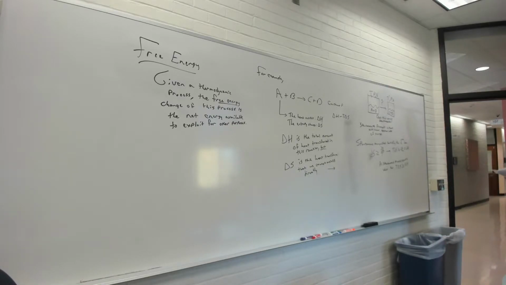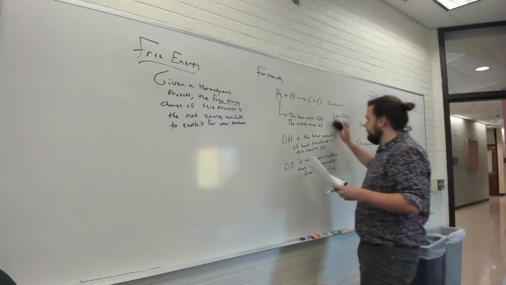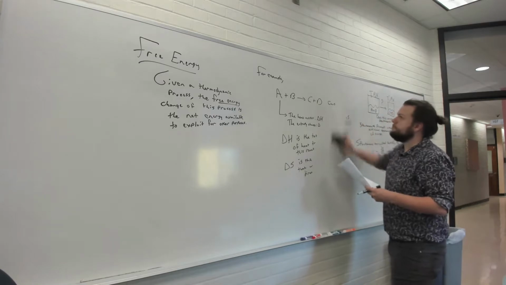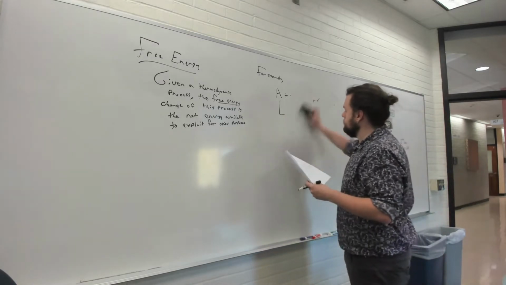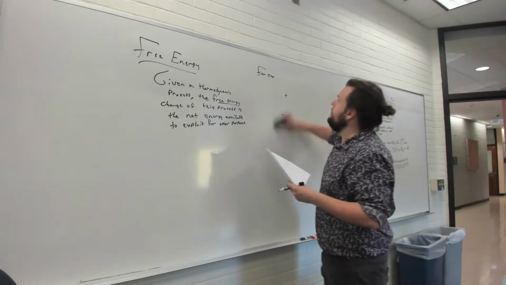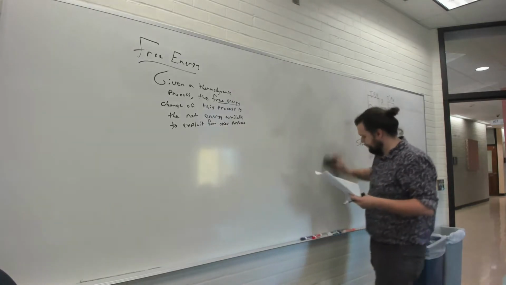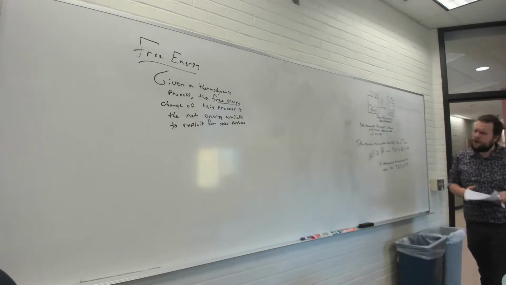So let's think a little bit about what that looks like. Let's look at two examples. The examples are kind of abstract. We're going to have to kind of juggle some variables a little bit.